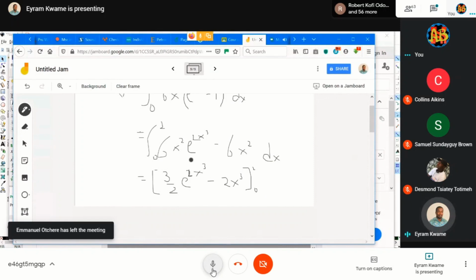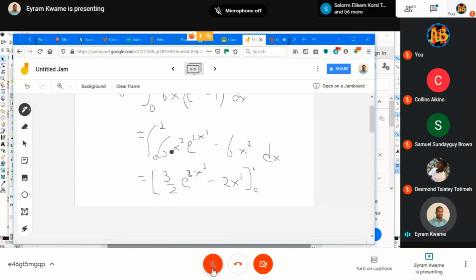Are we okay with this part of the integral? You use a u sub. So u is equal to 2x cubed, and when you differentiate, du becomes 4x squared. So the x squared will cancel out. Then you have 6 over 4, I can write it as 3 over 2. And then I have this as the integral.